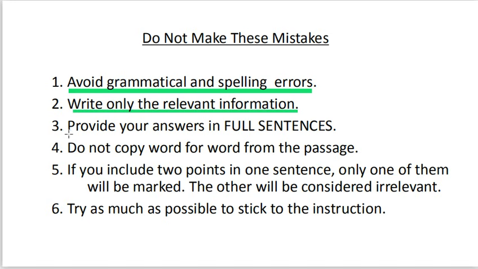Number 3, provide your answers in full and complete sentences. You will only get half of the mark if your answer is not in complete sentences. For example, if a particular question has 5 marks, you will get just 2.5 if your sentence is not complete.